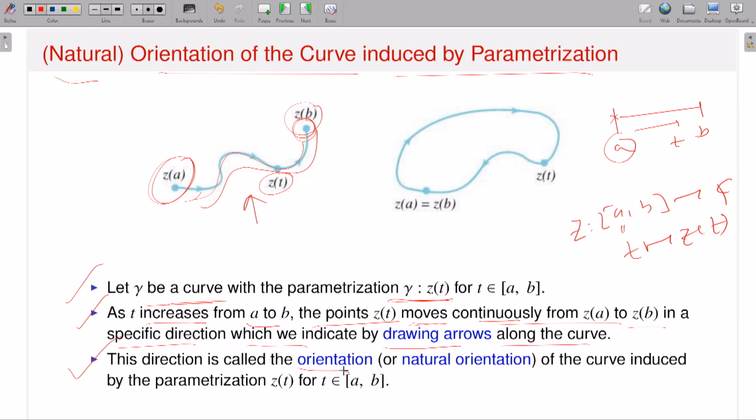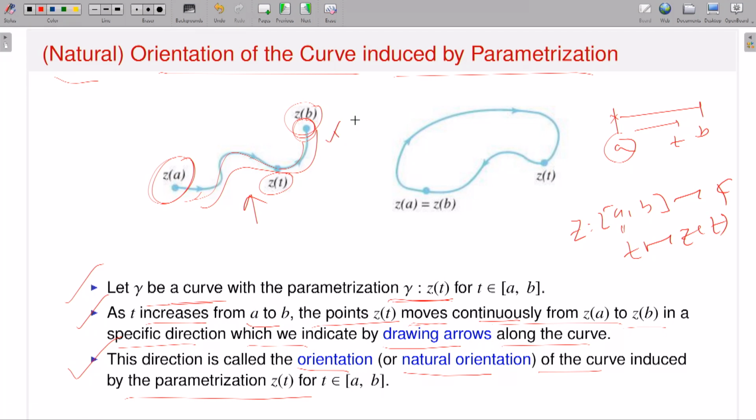This direction is called the orientation, or natural orientation, of the curve induced by the parameterization z(t). So what is the orientation of a curve? If I have a curve, it will have a parameterization, say either z(t) or gamma(t), whatever it is. Now if t runs from a to b, then my point z(t) starts from z(a) and ends at z(b), and it will have a natural direction, and that natural direction I will call the natural orientation.